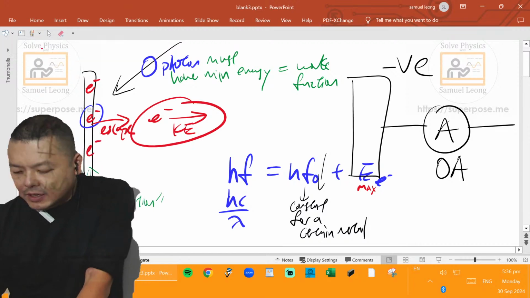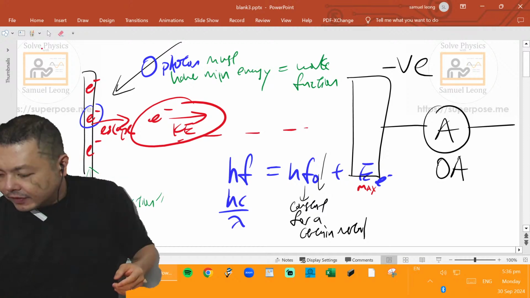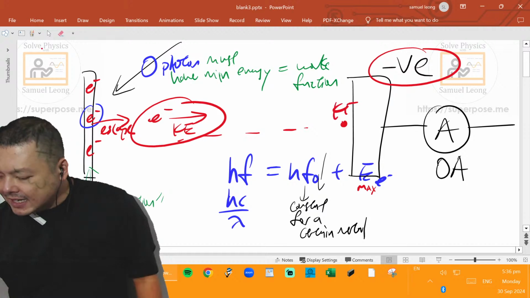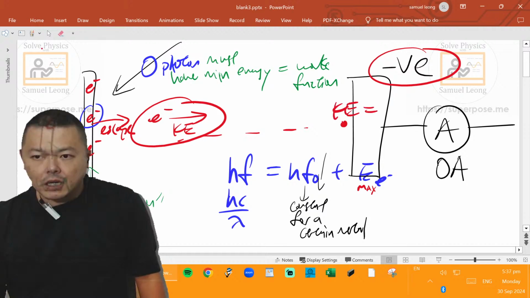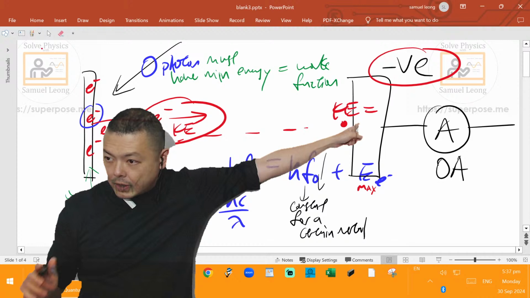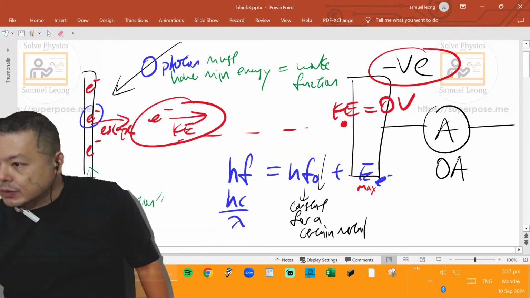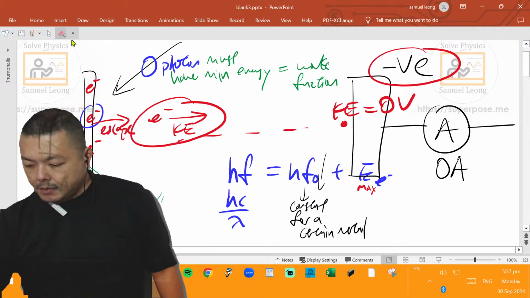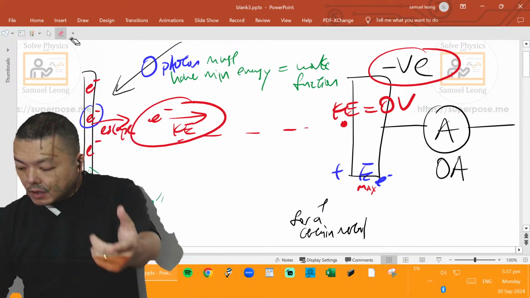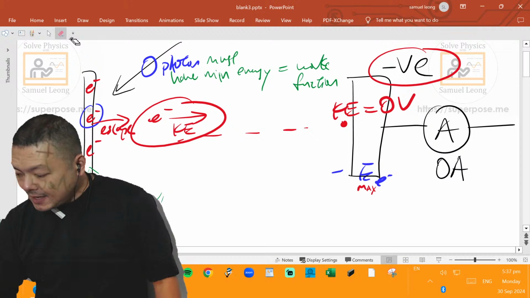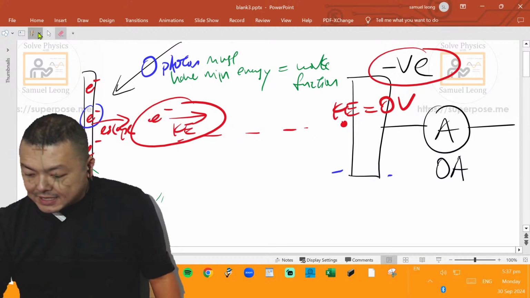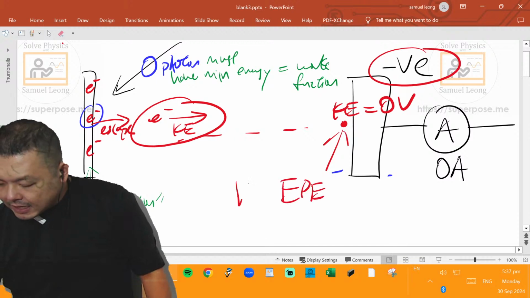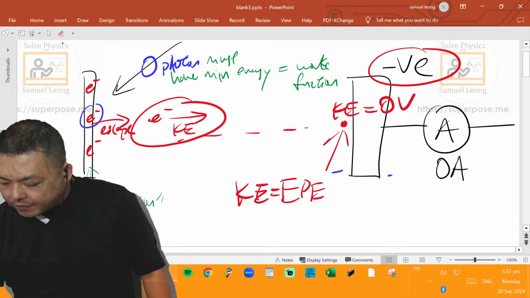If this electron has Ke and it flies over and you're trying to repel it and it stops here, what is the Ke here? When it stops, it's 0, right? Where did the Ke go? What did it become? It became EPE. Ke has been converted into EPE.